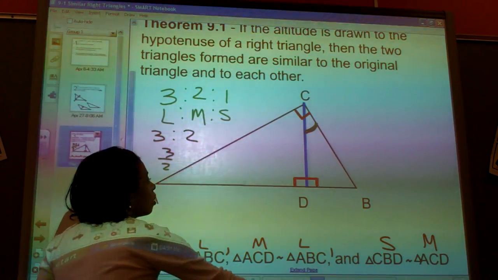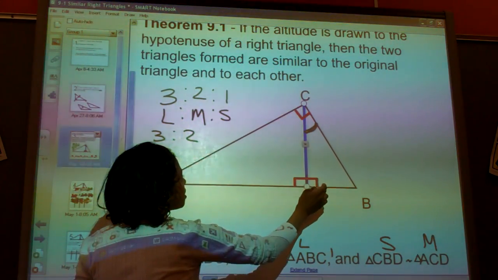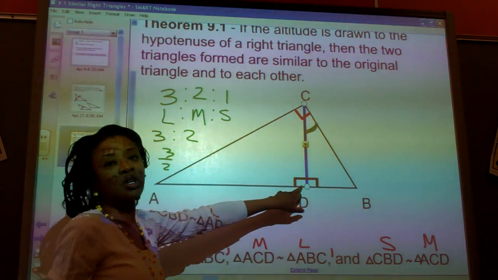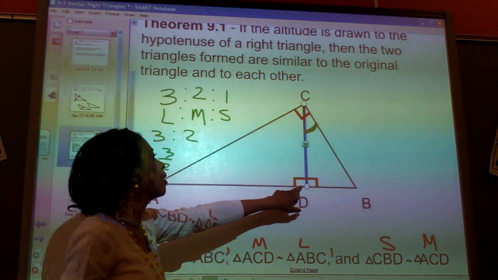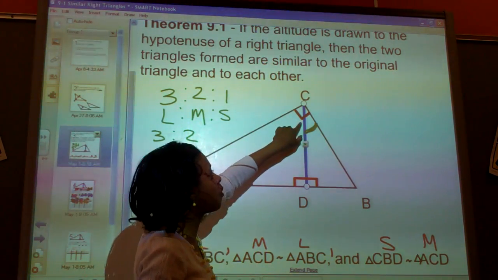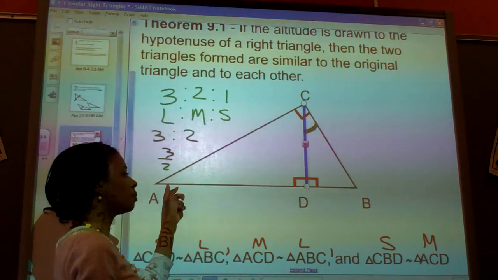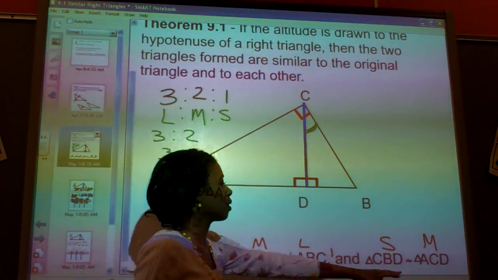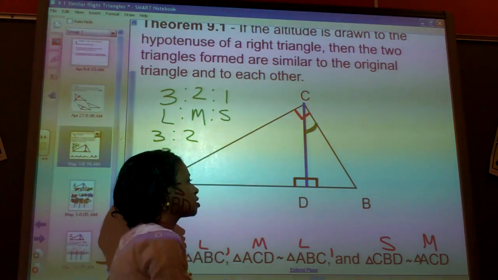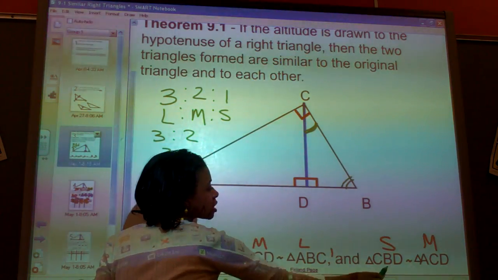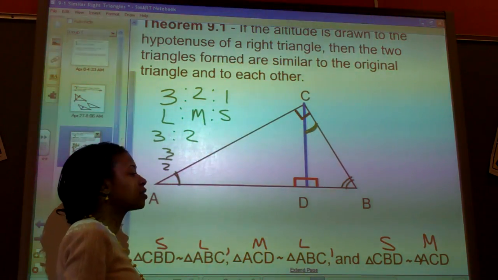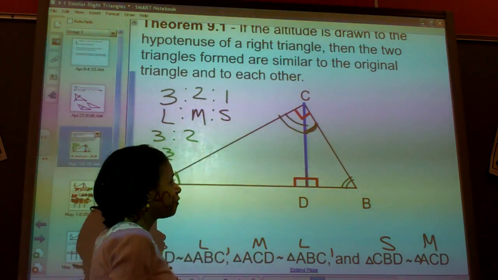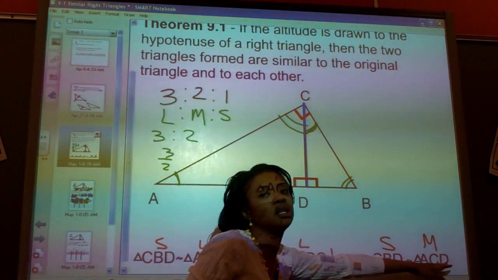Well, on the medium triangle, if I look over here at ACD, we know it's not D because that's a 90-degree angle. Is that going to be this other portion here? The answer is no. That means it's going to be angle A. Okay? B on the small triangle corresponds to what on the medium triangle? That means it's this one here. And then finally, the two 90-degree angles are D and D.